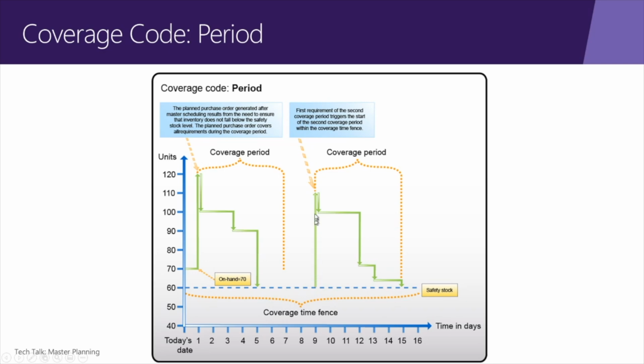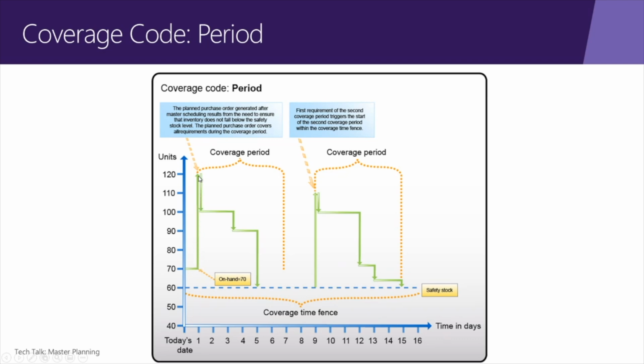And then there is another supply, another planned production or purchase order, that will supply for the demand in the second period here. So you have a coverage time frame that covers 2 weeks or 14 days, and you have 2 periods in that 14 days, and we have one supply per period.